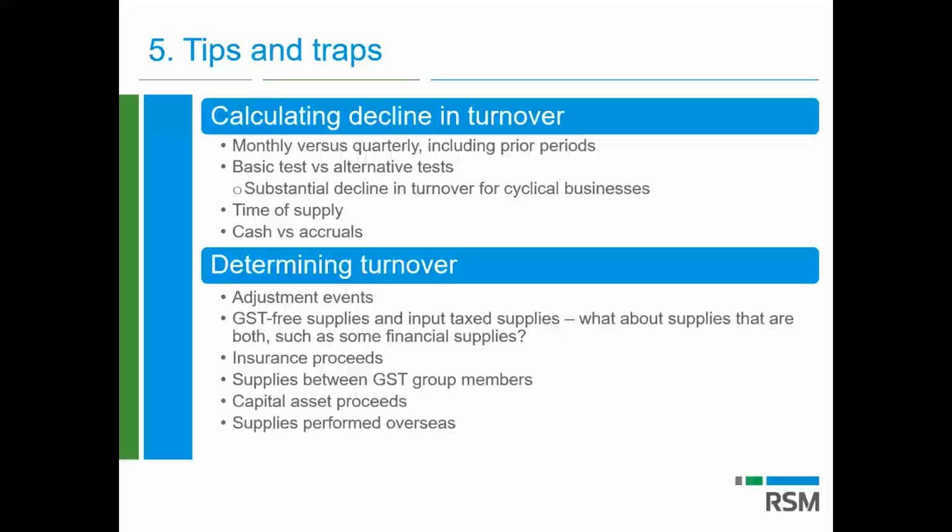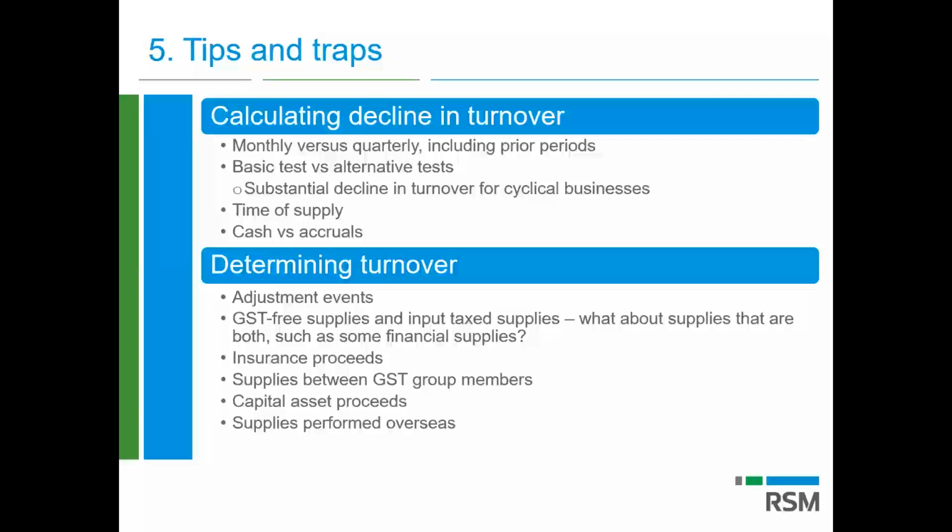And one of the final ones to consider is there's a lot of government money flowing to businesses, whether as grants, as reimbursement schemes like JobKeeper. Some of those grants may be included within turnover, but most of them generally aren't. So JobKeeper is not included because effectively a business is not really providing anything back to the government in return for the payment.